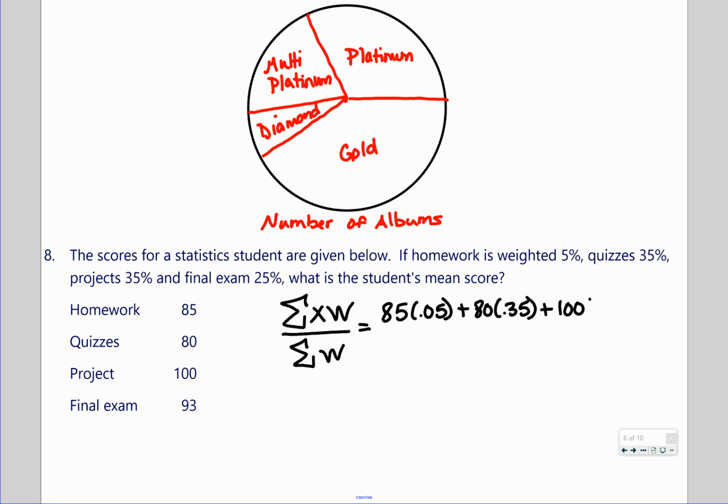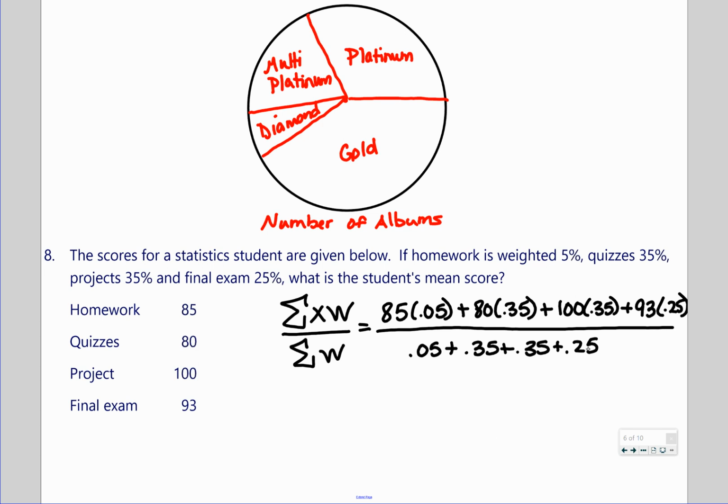Projects, 100, 35%. And final exam, 93, and that was 25%. In my denominator, I'm dividing by all of the weights. Plus 0.35, plus 0.25, and ideally if this is calculating a grade, the sum of those weights is going to end up being 1, which it is here.